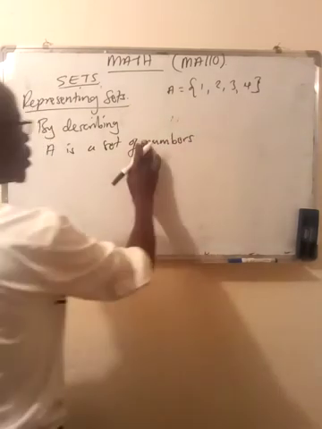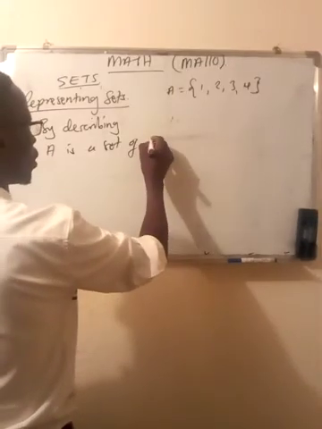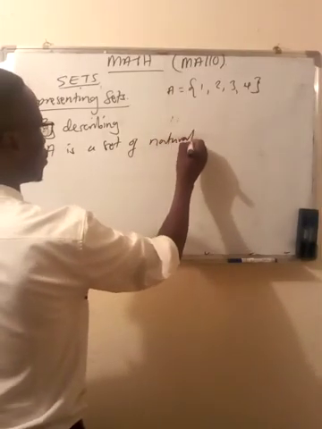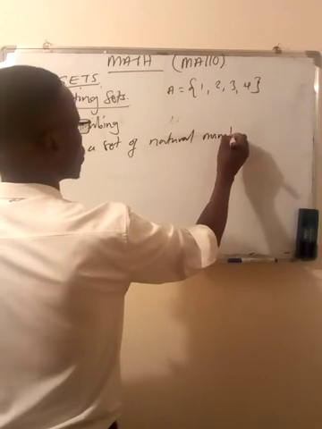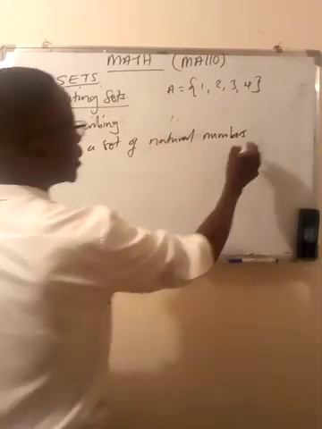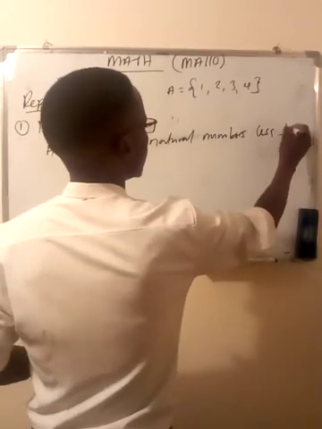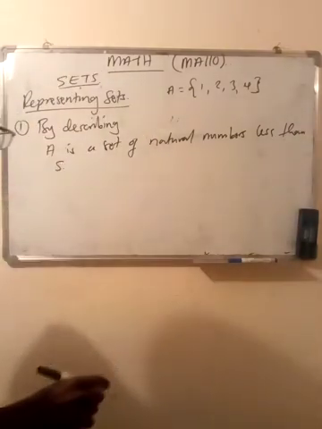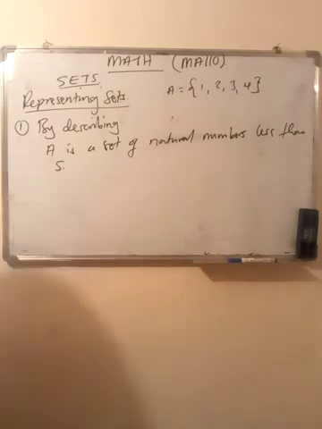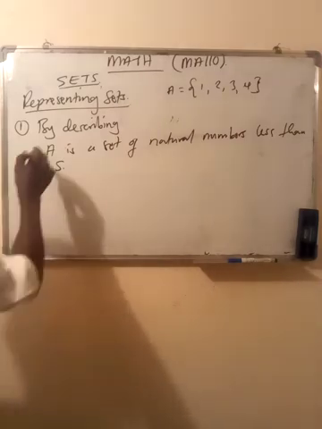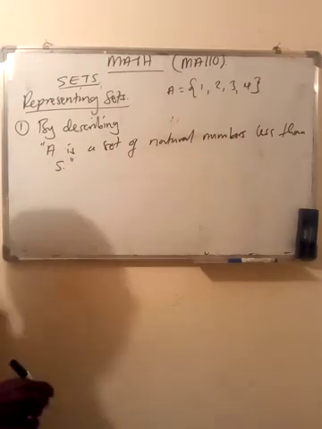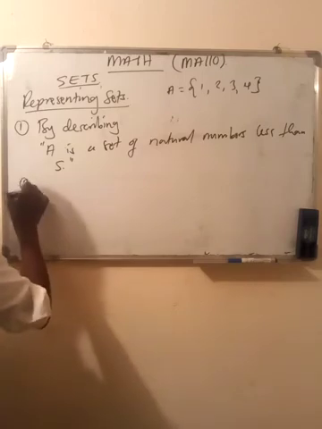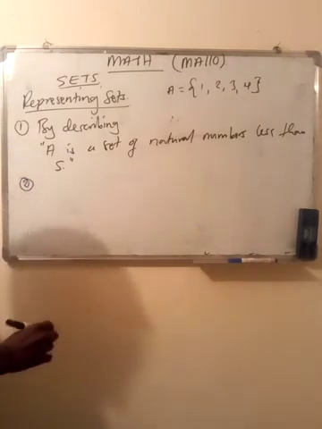A set of natural numbers less than 5. You can see that those numbers are natural numbers, and they are all less than 5. So that's how we can describe a set like that. Number 2, we also represent a set by listing the elements.